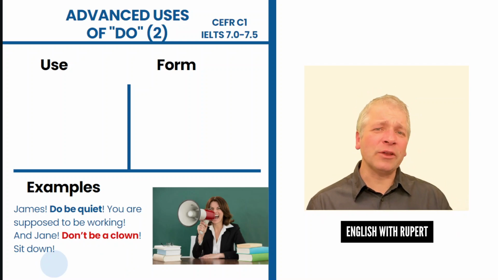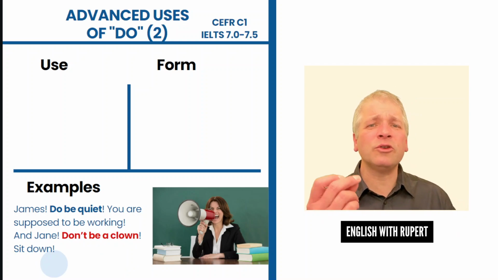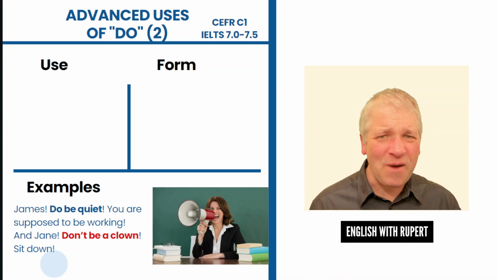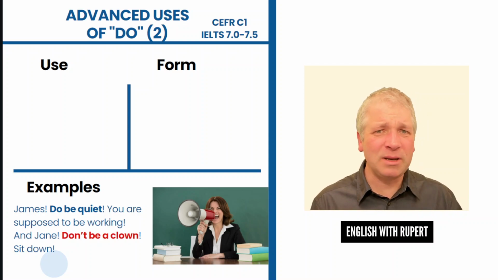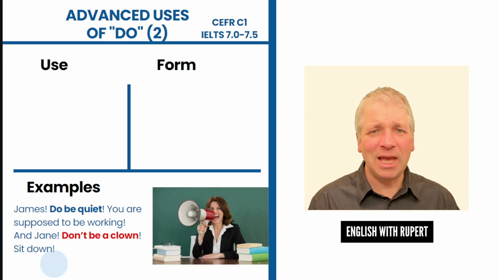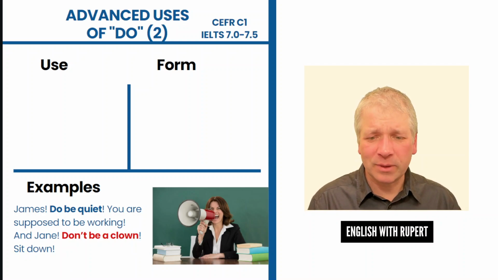Notice here that the teacher again has used do and don't for a certain effect. They could have just said be quiet, but instead she said do be quiet. Why? Here is the reason why.